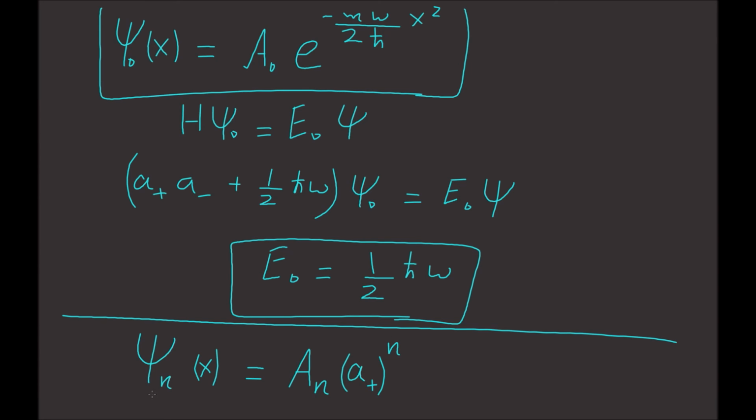So if you want to find the wave function of the second quantum state, you just go a plus squared. To the third, you go a plus cubed. Times e to the minus m omega divided by 2 h bar times x squared, with the energy of E sub n, of course, n plus 1/2 times h bar omega.